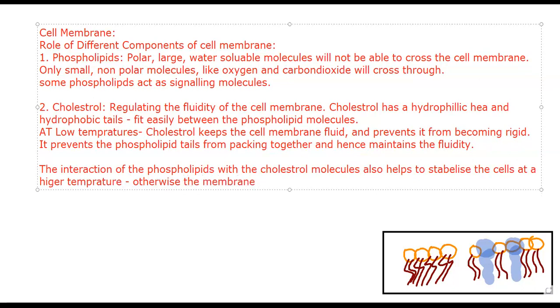So these cholesterol molecules at high temperature will interact with the phospholipids, and they will make sure that the phospholipids stay stable and maintain the fluidity of the membrane. Make sure that the membrane doesn't become overly fluid, right? So this is the usage of cholesterol.